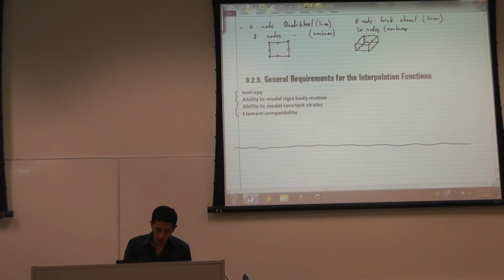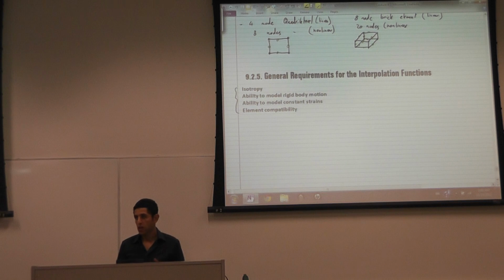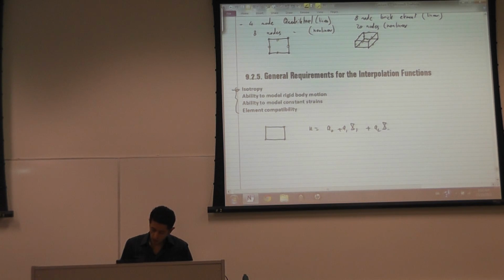And the first requirement is isotropy. Now, of course, depending on your application, if you have a very specified application, you don't need isotropy, but for a general all-purpose FEA, you want your element to not favor a direction. So you want your displacement to be isotropic in both directions.